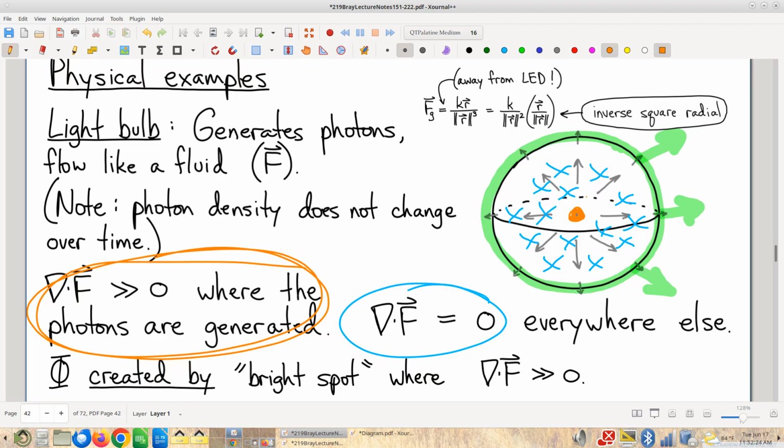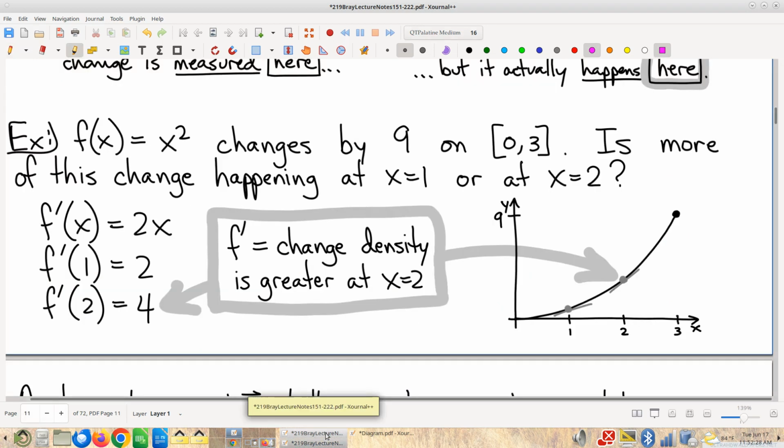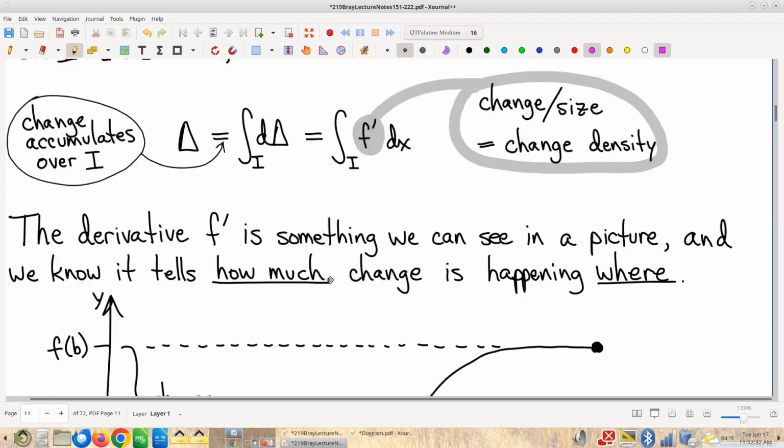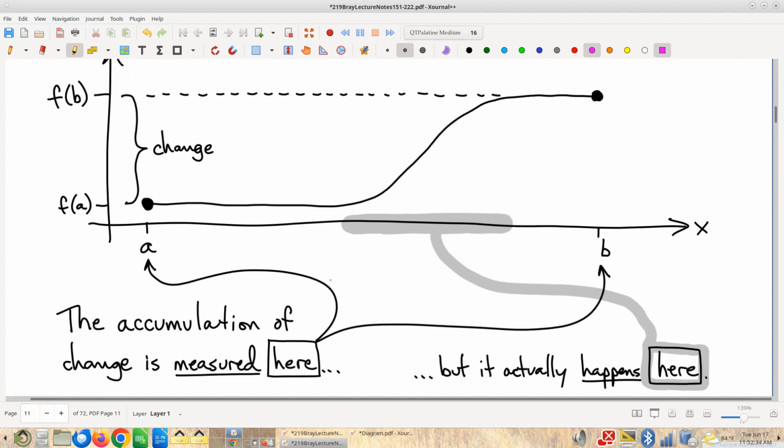So in the same way, I think anyway, the derivative is telling us where in the interior the change is coming from that we detect on the boundary. And when we detect change on the boundary, yeah, sure, that's how you compute change. You value here minus value there, yeah, of course.